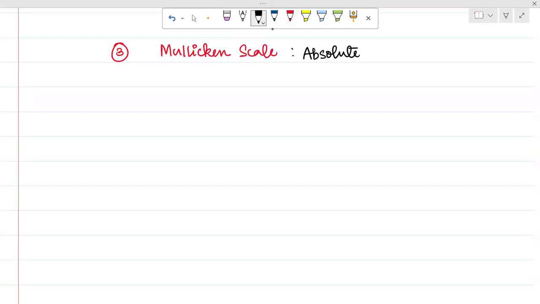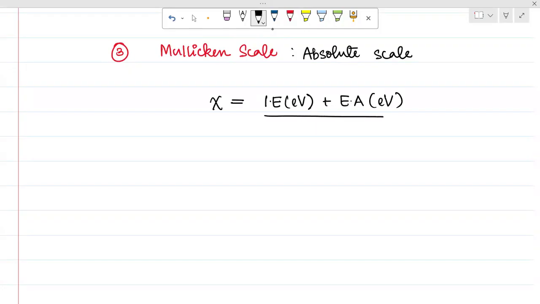The third one is Mulliken scale, which is absolute. It's not relative. It's just an absolute scale. And here electronegativity is simply ionization energy in electron volts plus electron affinity, which we are going to learn in the next video, in electron volts, divided by 2. I think this equation has also been asked once.